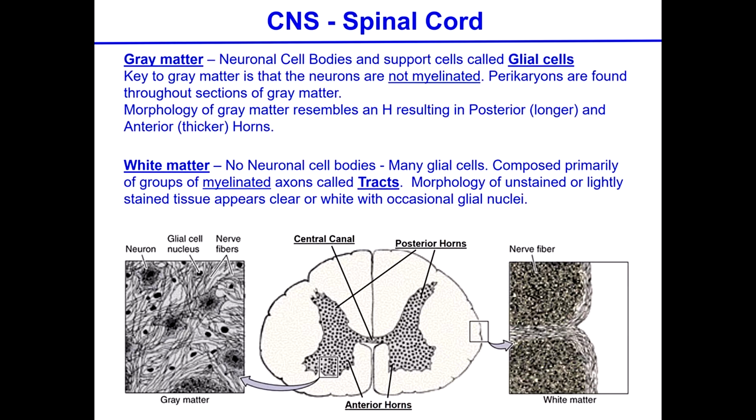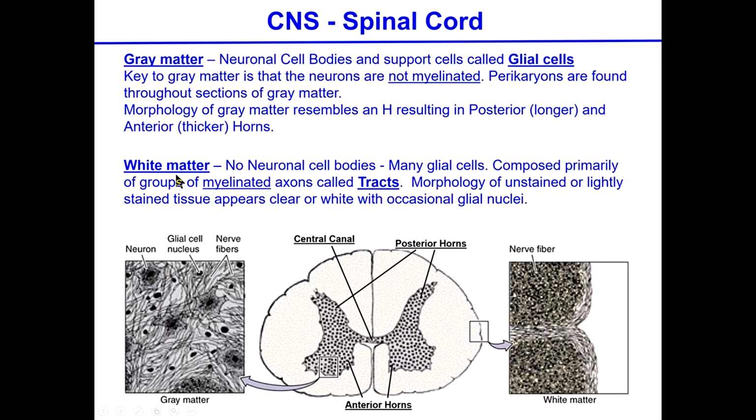We'll see pictures later that will make you wonder why we call them this way, because if you stain them with different stains, you can even reverse the way they look. But forever, the names assigned to these regions are based on the initial stains that were developed, and that's why they talk about the gray matter and the white matter.